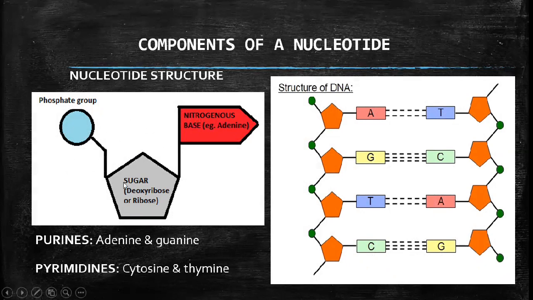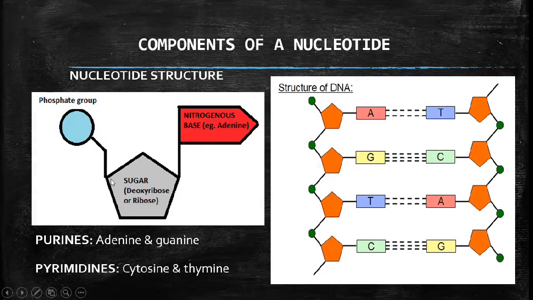It consists of 3 main components, which can be asked by your examiner, so you need to know how to label them. We have the phosphate group, sometimes called the phosphate, which is okay, we have the sugar, and of course, we have the nitrogenous bases.